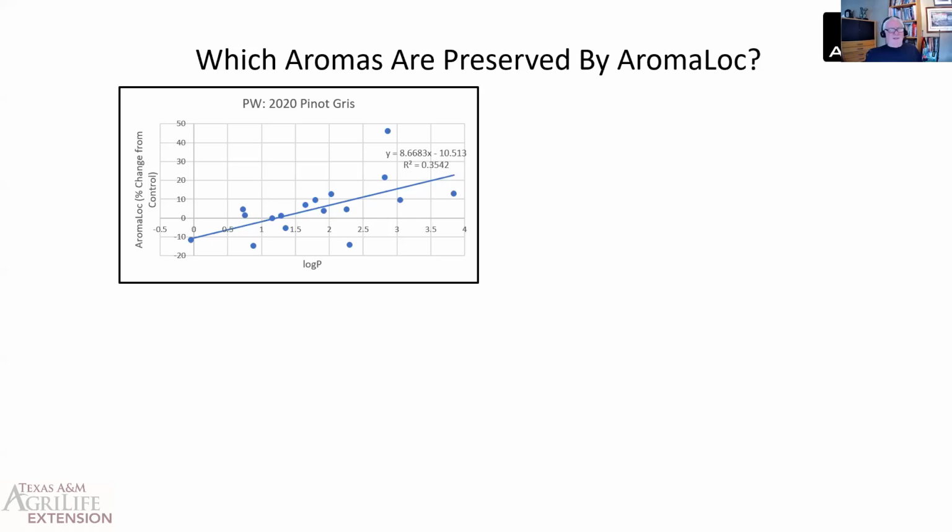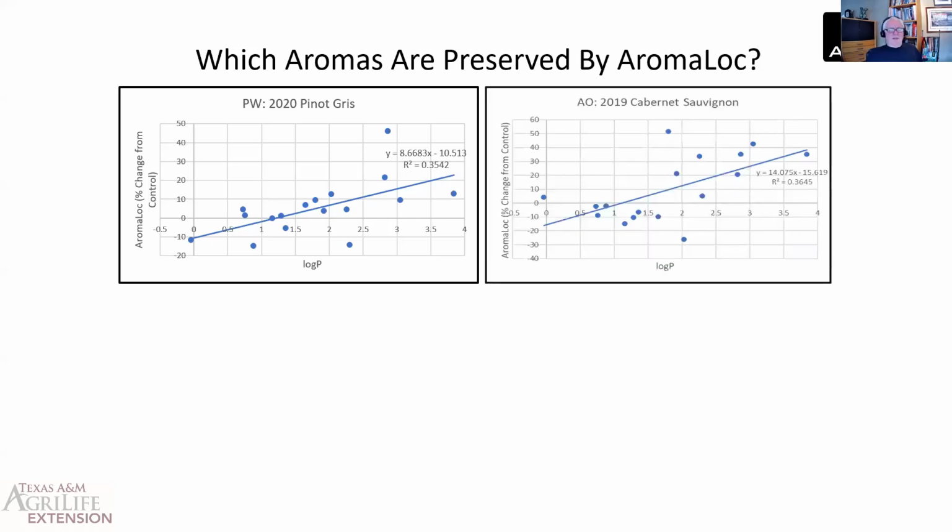You'll see some tasting data in just a couple minutes. Now here's another graph set out the same way with the log P value on the x-axis and Aromalock versus controls on the y-axis. And this looks very similar to the other graph. So this is a red wine, and this was fermented in California 2 years ago, in 2019. And we just got those samples, I think it was in the late fall.